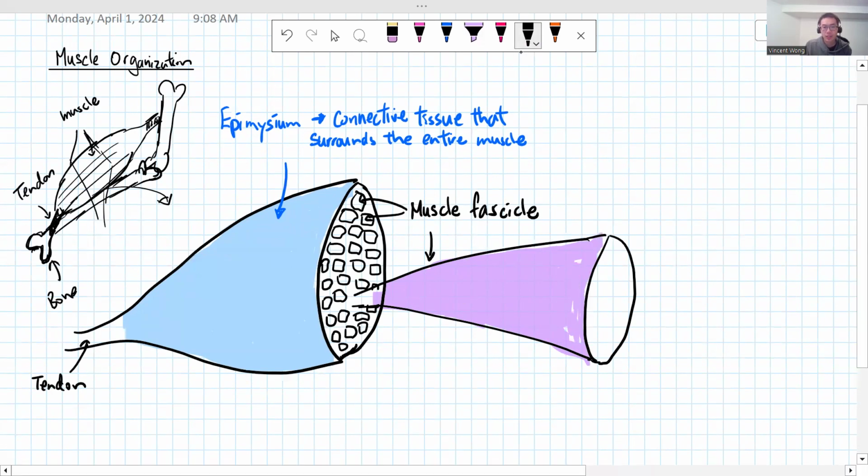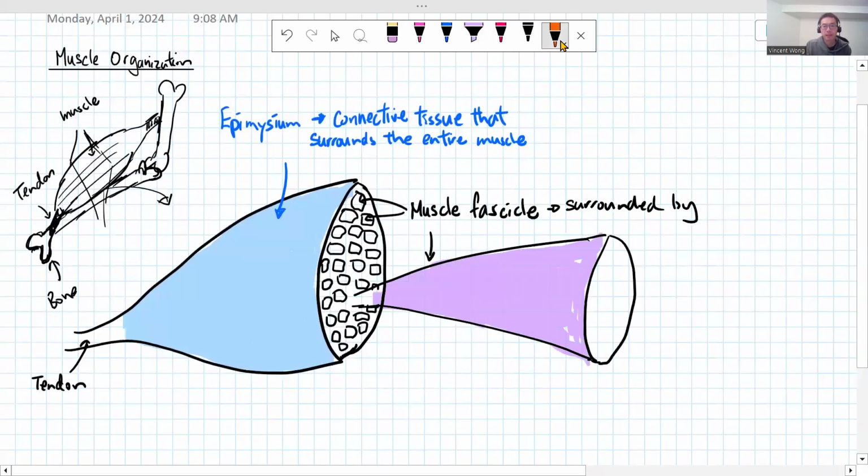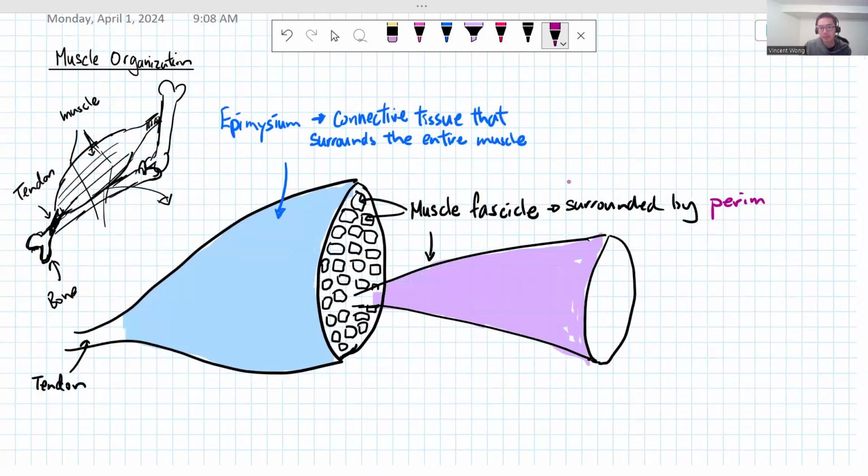So we'll say surrounded by the perimysium. Okay, so again, it's connective tissue. I'm not gonna rewrite that.